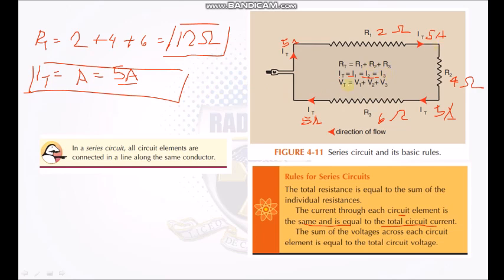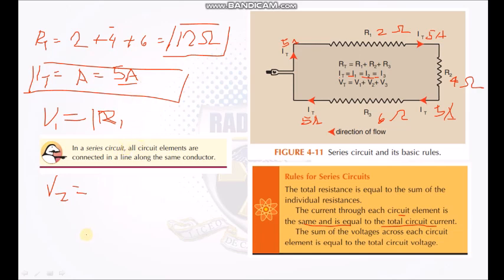And then for you to compute the V, you simply have to use Ohm's law, V equals IR. For example, V1 is equal to I, that is 5, multiplied by R1. And then next, for voltage number 2, that is simply 5A multiplied by this 4.